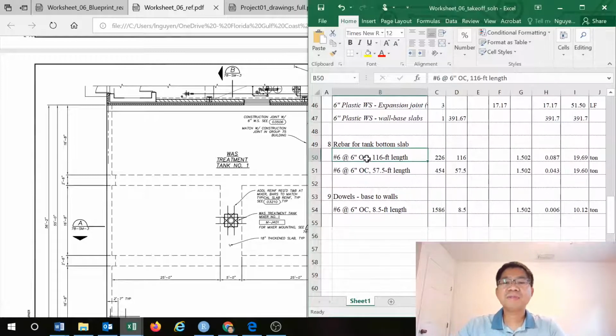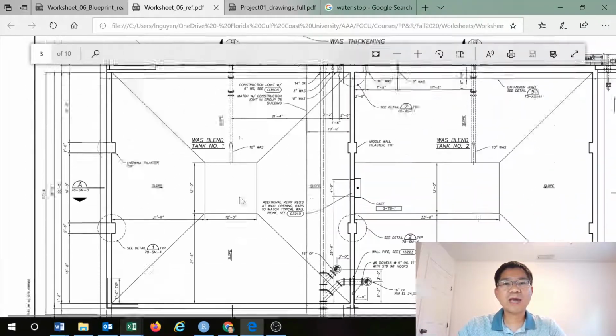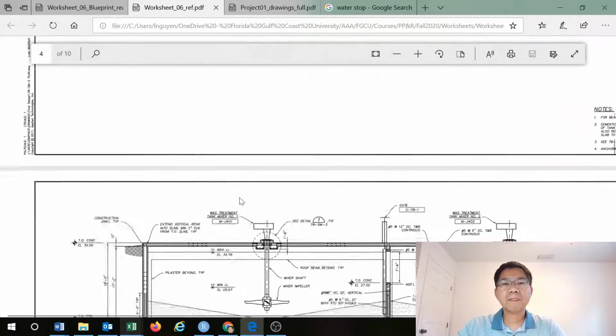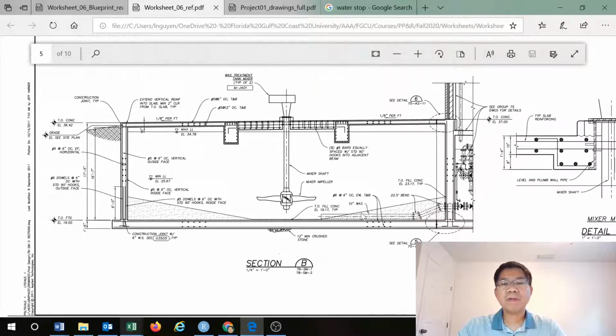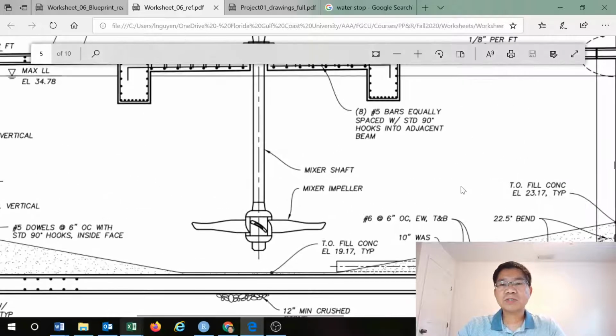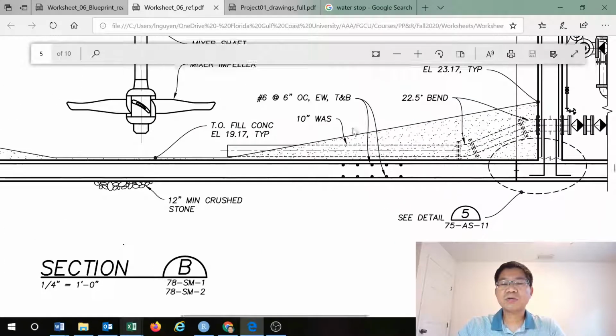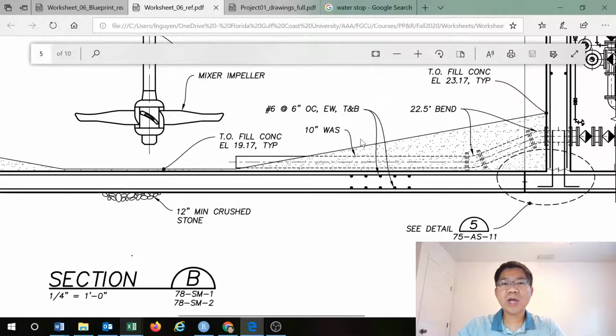For the rebar of the bottom slab, and where that number comes from, I think I also went over that briefly in the previous video. So you can see that from the cross section here, you see bottom and section B in drawing 78 SM3.